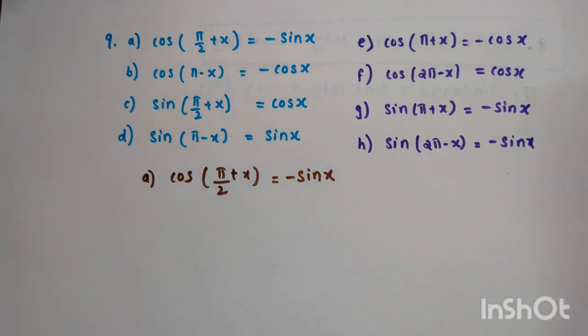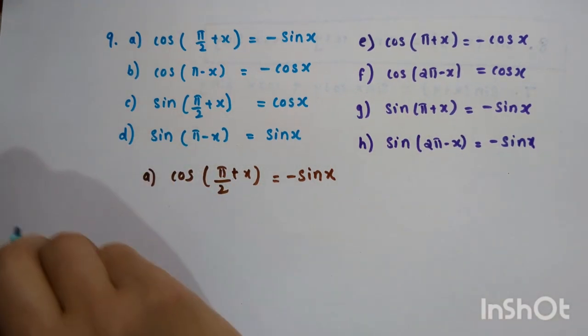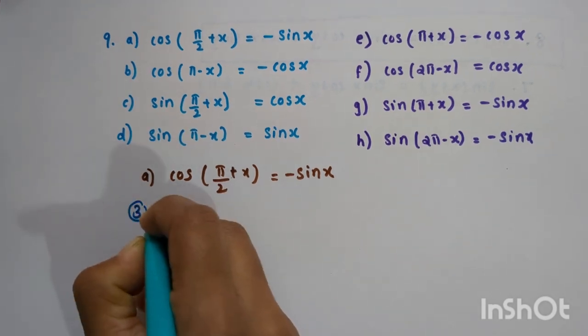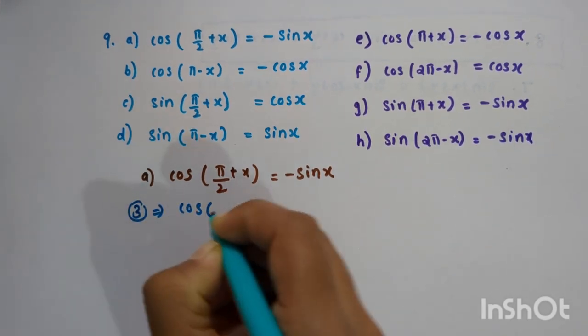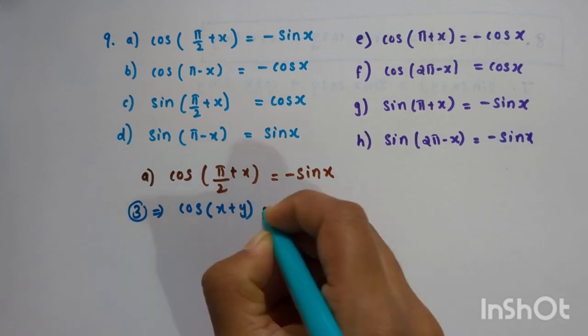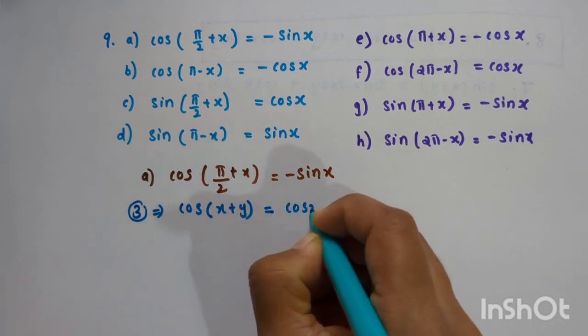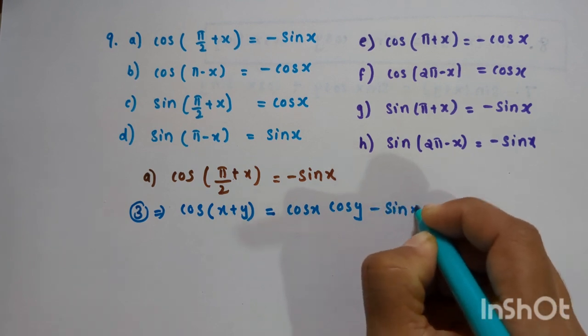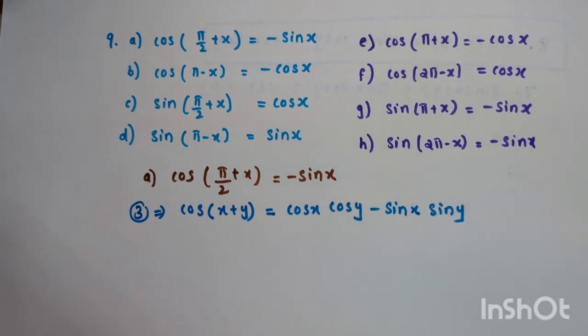So you see, when we discussed the third trigonometric identity in our previous video, the third trigonometric identity was cos of x plus y equals cos x into cos y minus sin x into sin y.